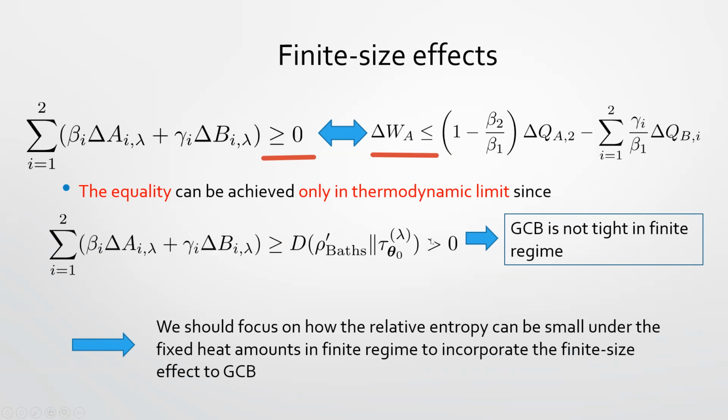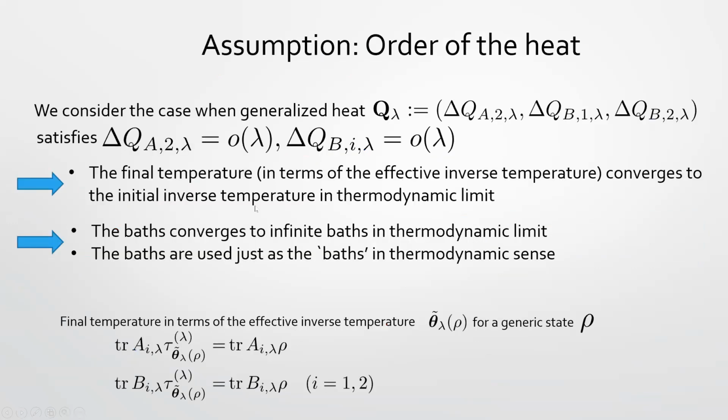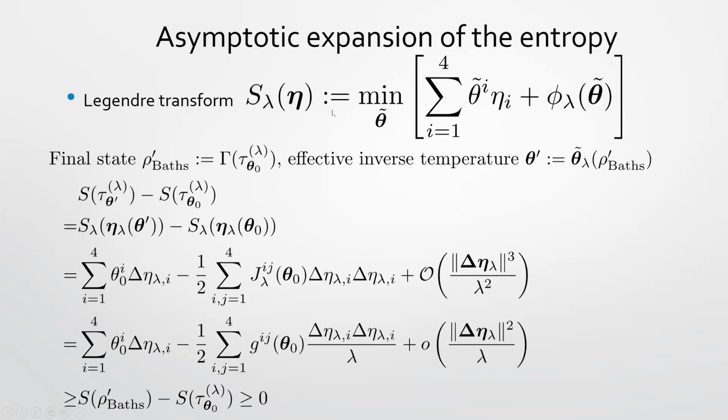So in order to achieve the equality, we need to consider some dynamic limit in the same way. So then, similarly, we have this discussion. Maybe we assume this one, to derive a more efficient discussion.